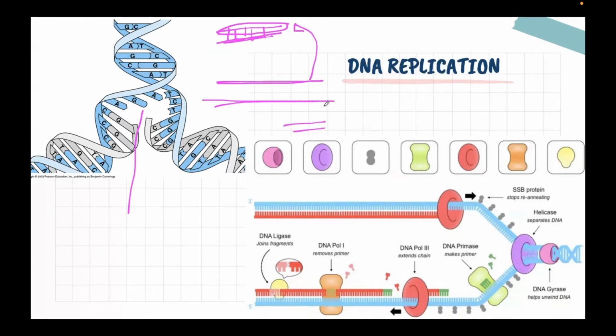So, ibig sabihin, it will synthesize a new strand, but the old or the mother strand will be remained. So, pag gumawa na naman ng panibagong DNA, nag-replicate na naman siya, yung tinatawag naman na old, masasama siya dun sa susunod na DNA replication. So, it is in a semi-conservative manner. And lagi po nating tatandaan that replication happens from the 5' to 3'. Again, 5' to 3'.